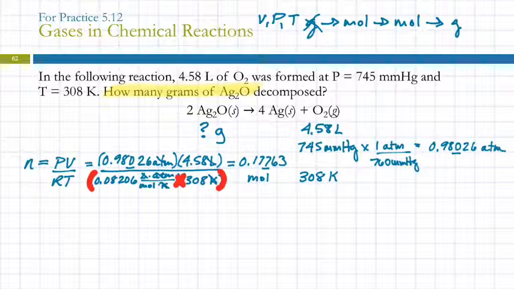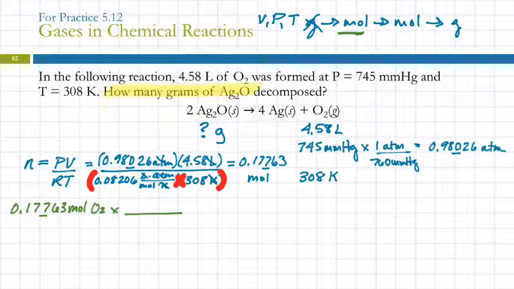So now I'm going to take the moles that I just found, and I can do my dimensional analysis. So 0.17763 moles of what? O2. So I am right here. And continuing on, there are two arrows, so I'm going to have two more factors here.